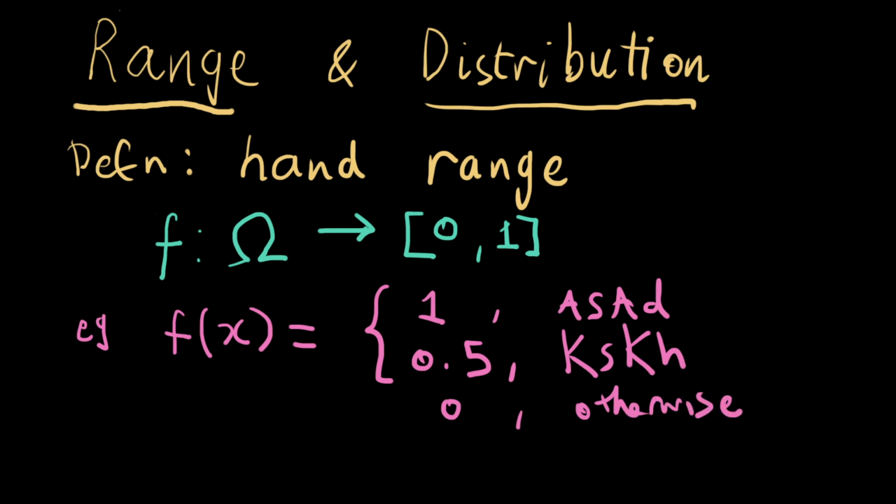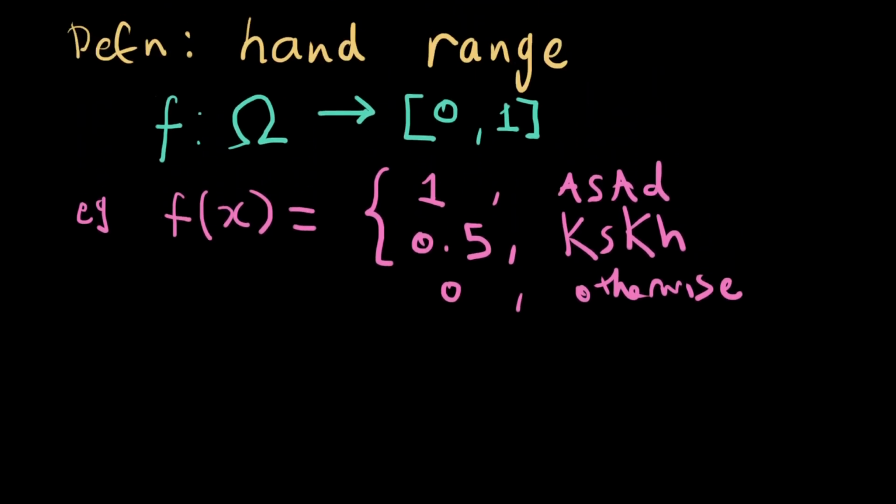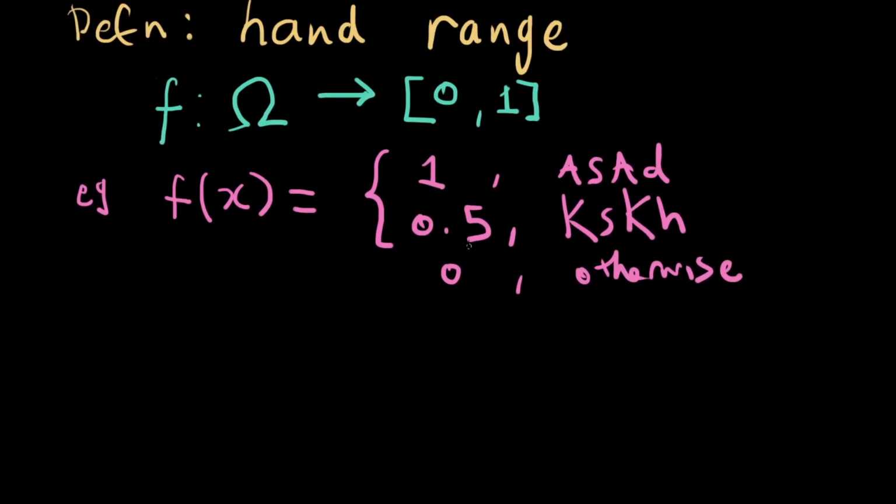Okay, so that is an example of a hand range. It's a function and it takes a particular hand combination as input and it outputs a number. All it outputs is a number between 0 and 1.